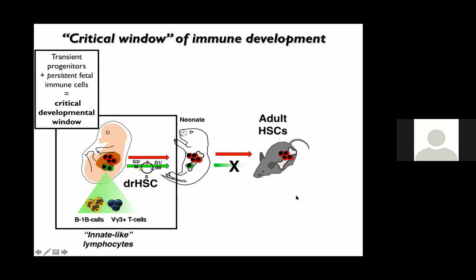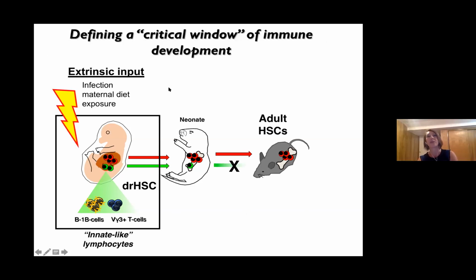Thank you. Okay, so when I started my lab, we wanted to really test this critical window of development by applying an extrinsic input. Infection, and extrinsic input can be many different things: infection during pregnancy, a maternal diet or nutritional status, or maternal exposures.